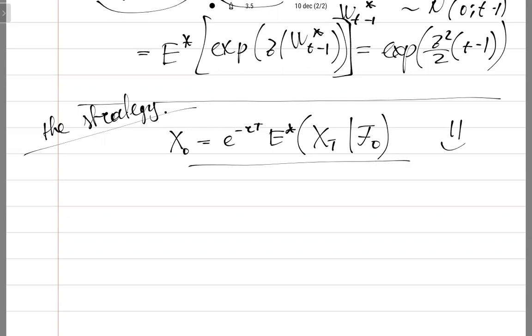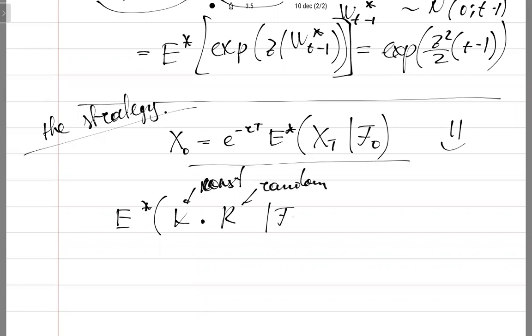So for example, if you see that there is some K that is constant, and something R that is random, given F0, you may take out K out of the expected value.